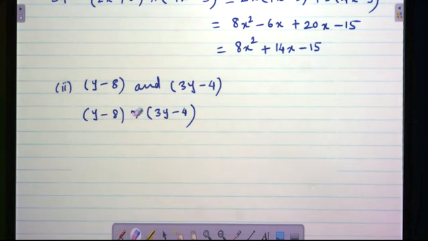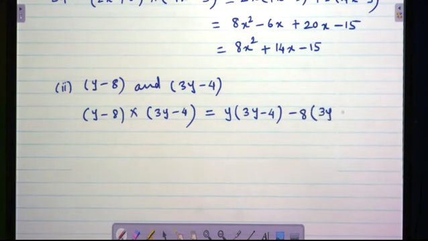Oh, this multiplication sign is not written properly. Is equal to y in bracket 3y minus 4, next minus 8 in bracket 3y minus 4.